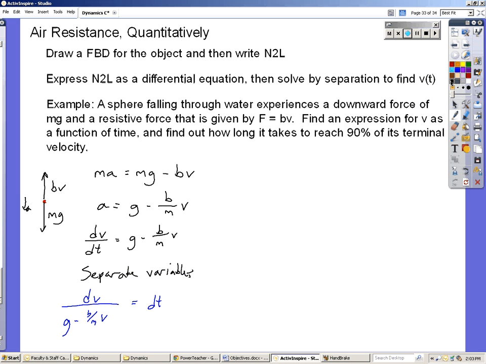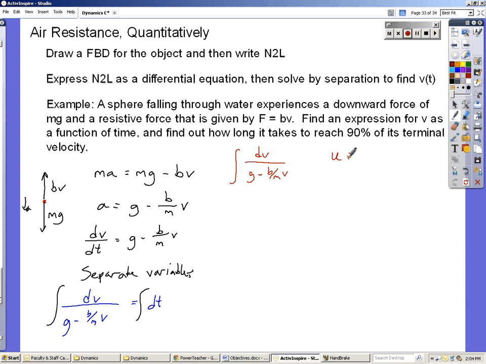And then we've got an integral on both sides. Now the right side is easy. We'll do the left side first. It's a little bit more difficult. So we've got this integral, and we notice the form of it, and we're going to use a U-substitution. We want to do this integral dv over g minus b over m times v.